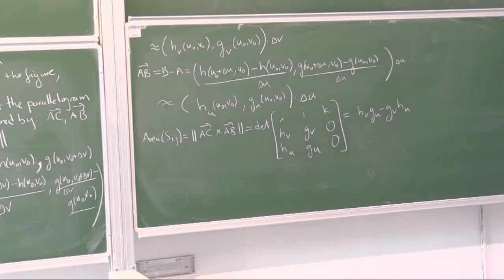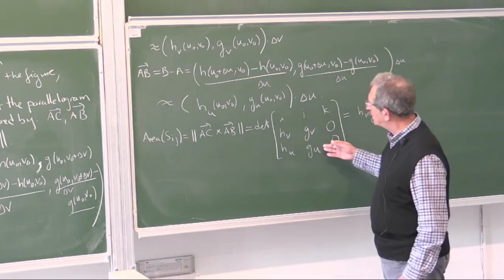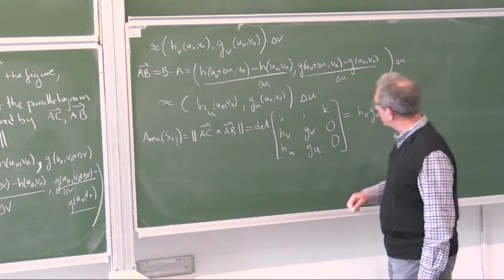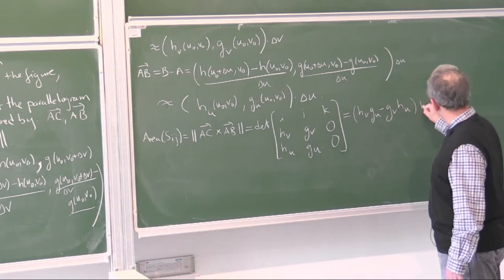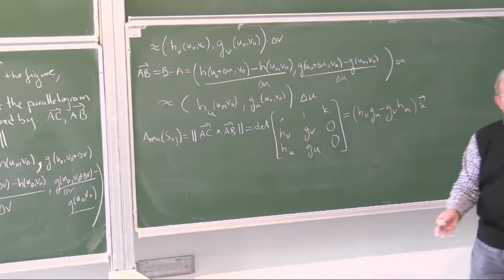Now, this, of course, is the determinant. So this is the vector in question. So this is K. The others, the i and j components, are zeros.